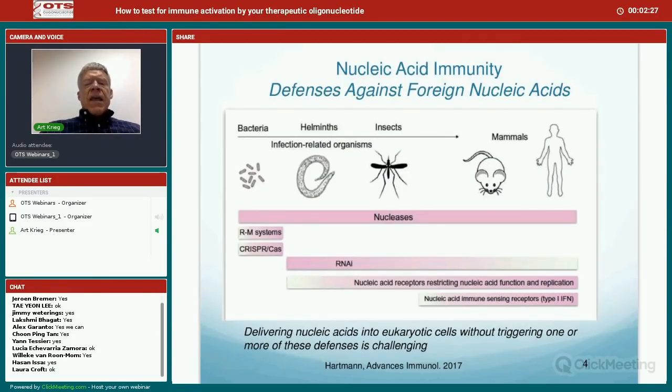Now, this is a slide, a picture taken from an excellent review article by Gunter Hartmann in Advances in Immunology last year. And it makes the point of this concept of nucleic acid immunity, that is that every organism on Earth, in order to maintain genomic integrity, has to be able to avoid external nucleic acids coming in and basically replacing the endogenous nucleic acids.